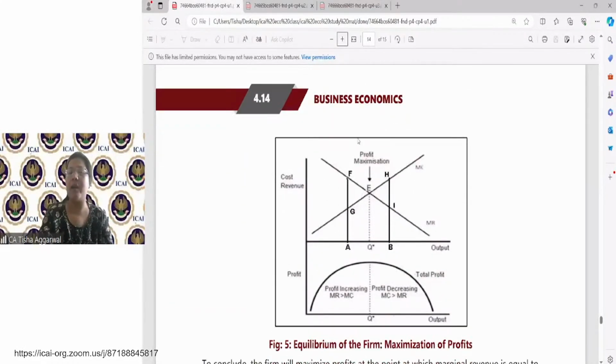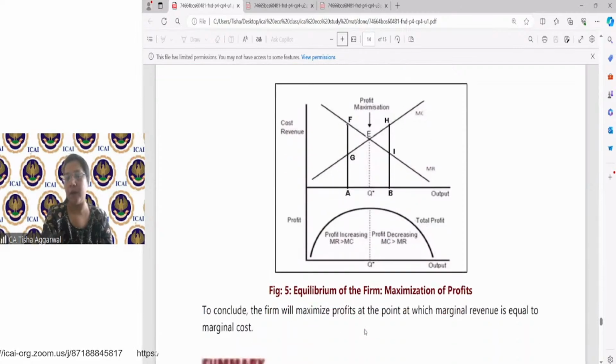This is the point wherein you can earn the maximum profit. If you go beyond that, you will start decreasing your profit. If you are working below it, you still have the scope of profit. So at this Q, it's the maximum level at which you are going to produce the quantum.